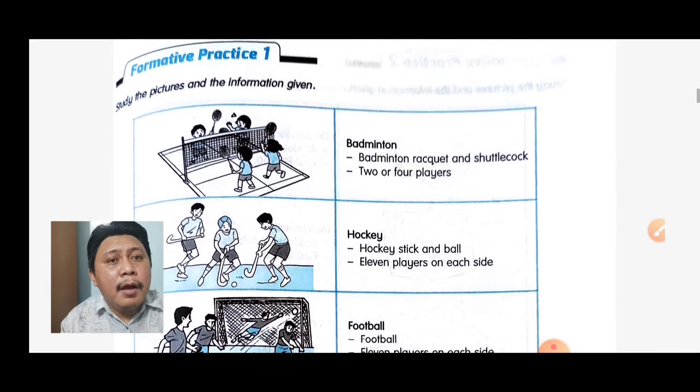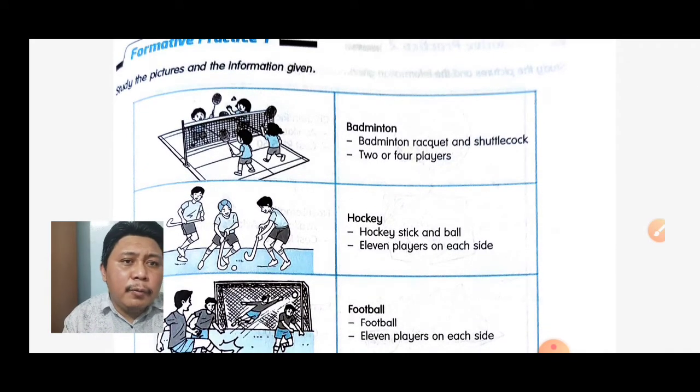So now, in 60 seconds for example, try to adapt what badminton racket and shuttlecock is. It means the equipment you need to play badminton: a racket and also a shuttlecock.